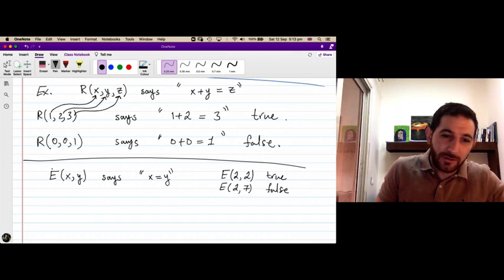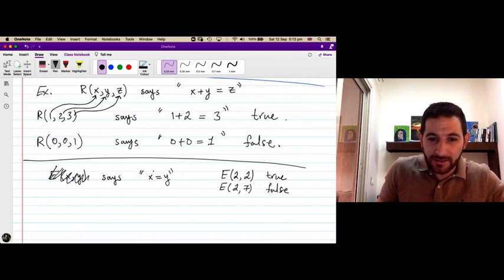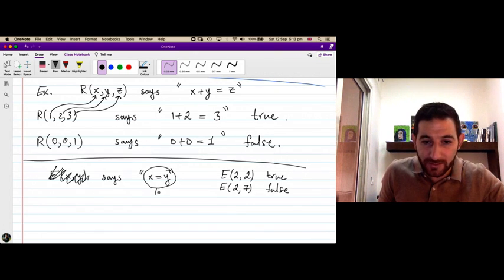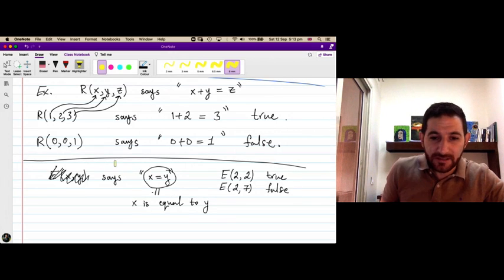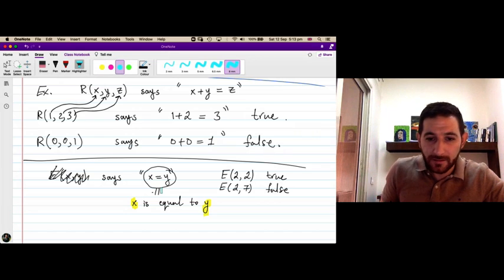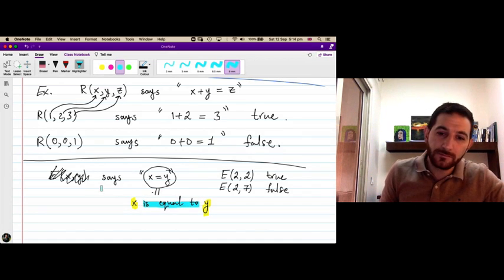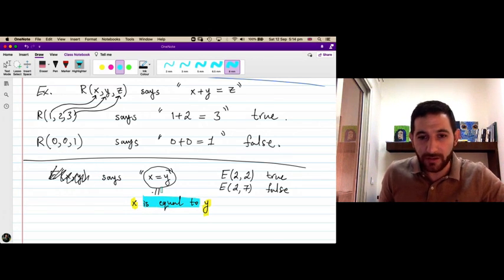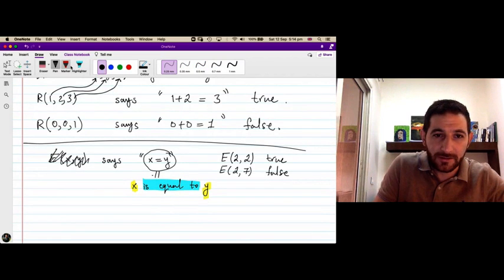But usually we don't use E, we just write it as it is. So x is equal to y, look at it as a predicate. It says x is equal to y. The subjects are x and y, and the property of x and y is that they are equal. So the equality is the property, and x, y are the variables, the subject.